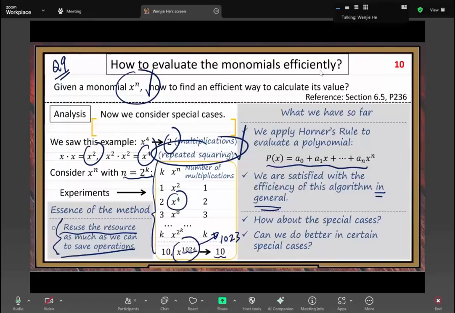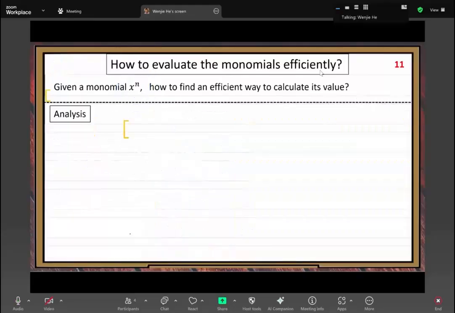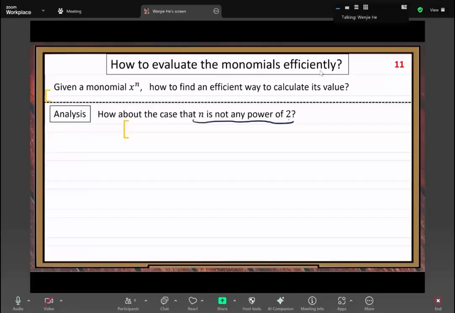All right. So here is the first time we see this idea. Then next. But in the previous slide, we considered n as a power of 2, but in the general case n is not a power of 2, right? So we want to see when n is not a power of 2, can we still apply the repeated squaring technique?